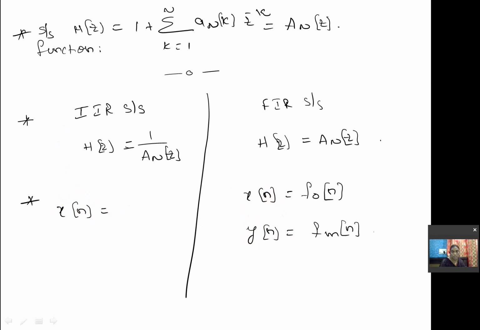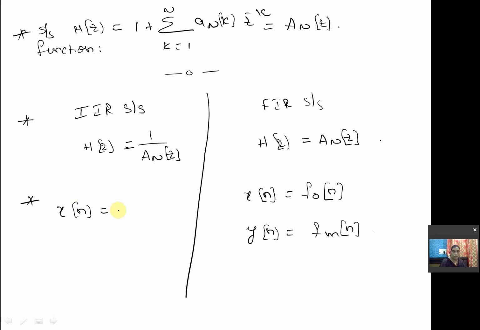So by interchanging, you can get the realization structure in the same manner. Now IIR becomes FIR. So from the knowledge of the FIR lattice structure, you just find out the realization structure for the IIR in the lattice form. That's why just interchange the input and output in FIR, then you can get the IIR.